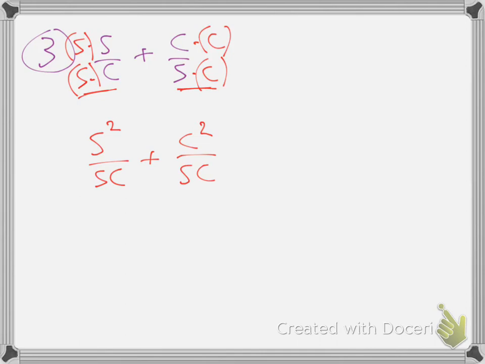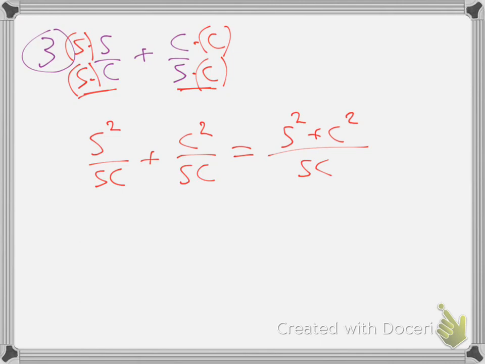Good so far? So then we combine them into one fraction, because now they have a common denominator. We can make them one fraction. Good with that so far?